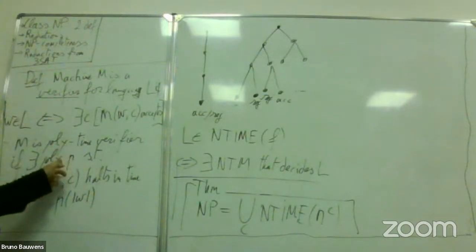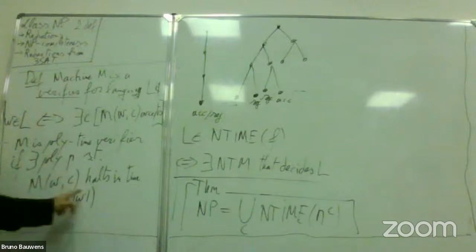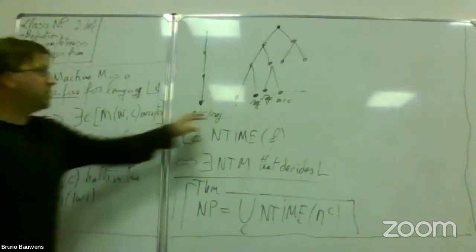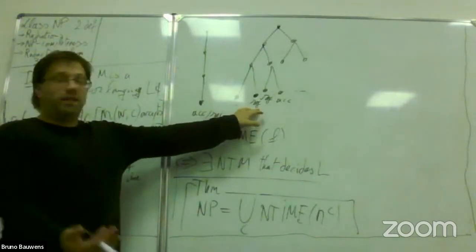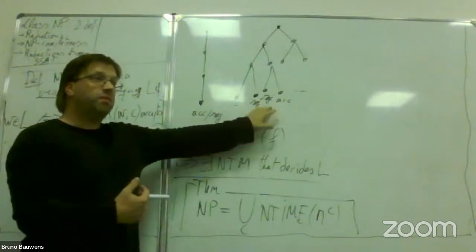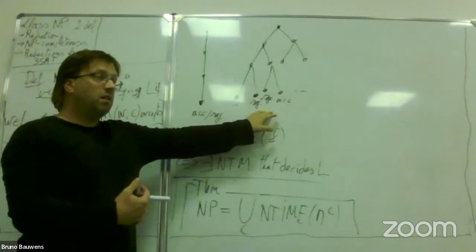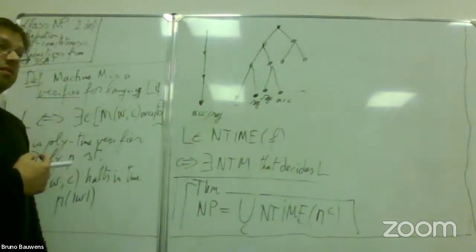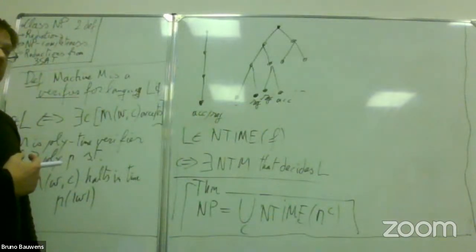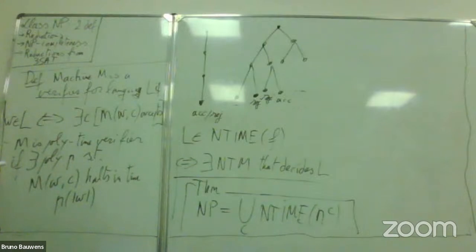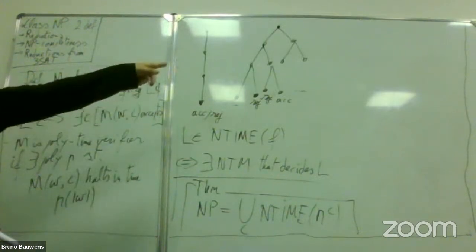Yes, exactly. And so if we have a verifier, we have such a machine. And now the other direction. If we have such a machine, how could we create a verifier? Exactly. The certificate is a branch in the tree.